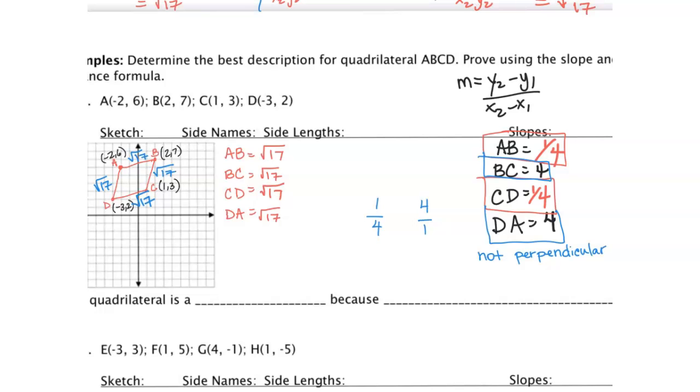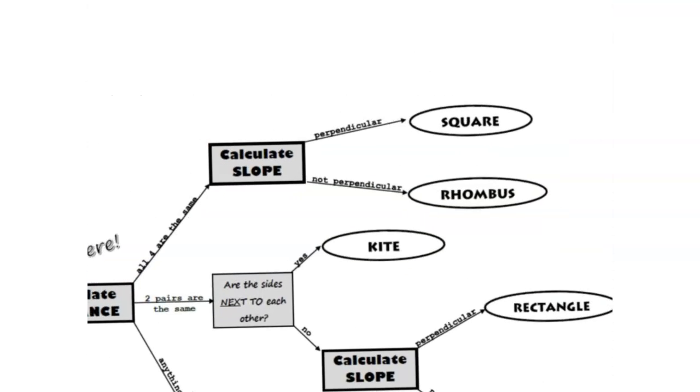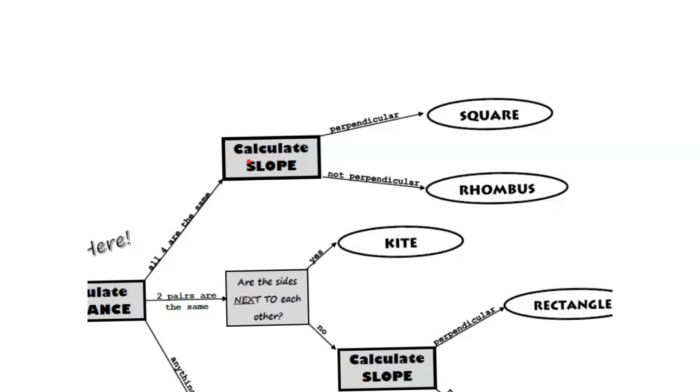And so then let's go back over to our flow chart. After calculating the slope, we're finding out that they're not perpendicular. So this is a rhombus.